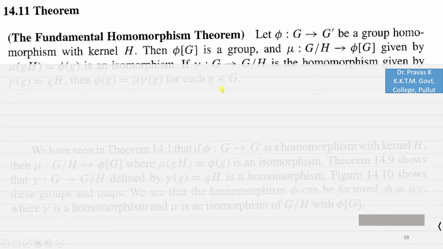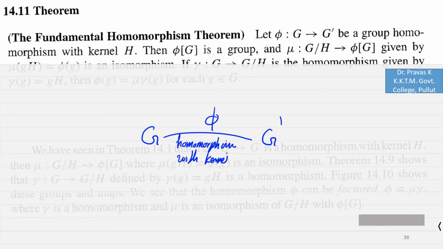Next we see the fundamental homomorphism theorem, which says that if phi is a homomorphism from G to G dash with the kernel of phi as H, then you can make it an onto homomorphism if G dash is replaced with phi[G].